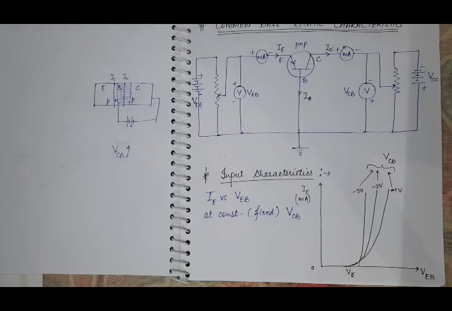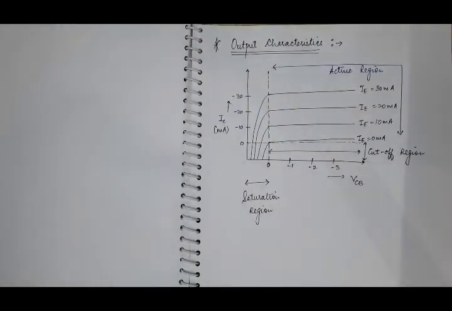Next we will study the output characteristics of a common base configuration of a transistor. Now first, in a general case, what are the output characteristics? In common base, common emitter and common collector, what is the definition?